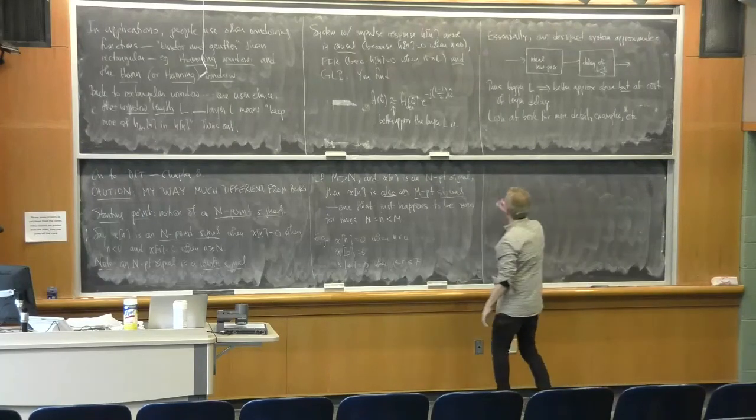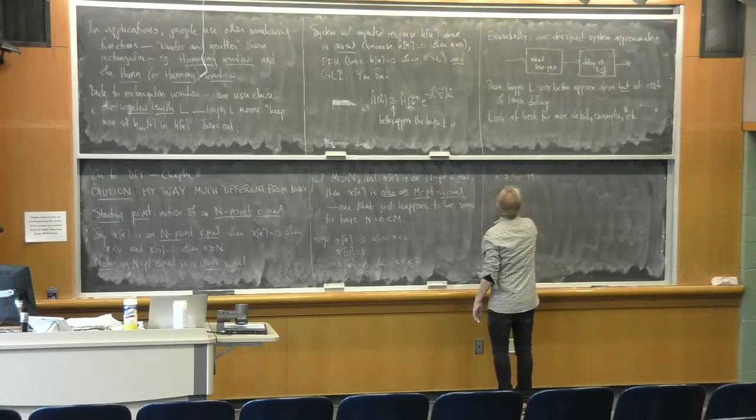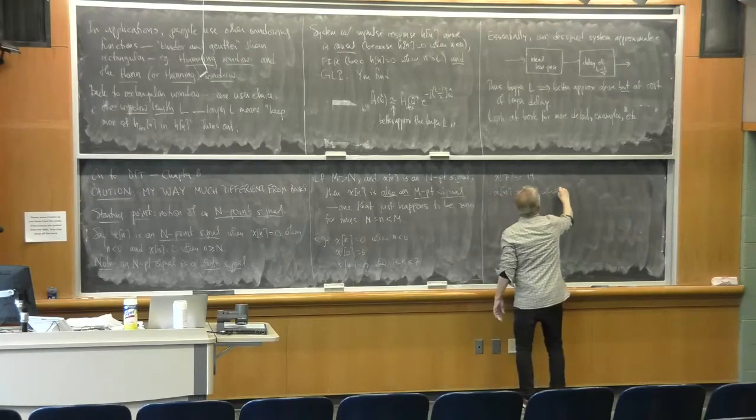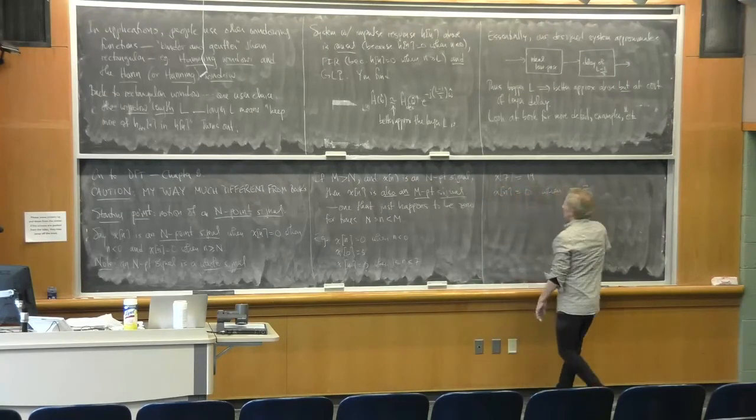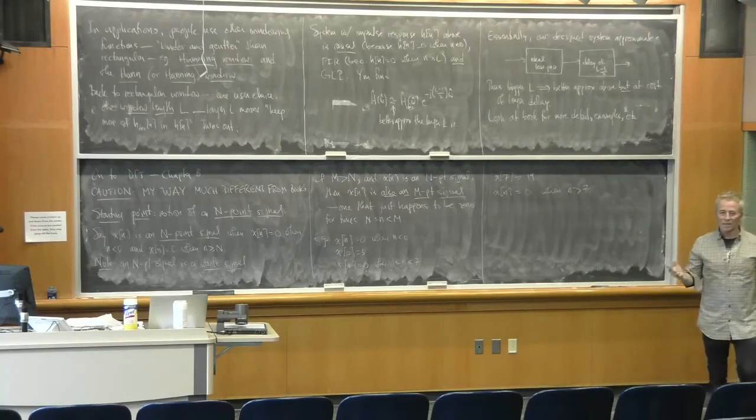And x of 7 is equal to 19, and x of n is equal to 0 when n is bigger than 7. How about that?